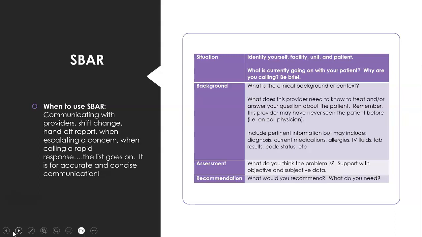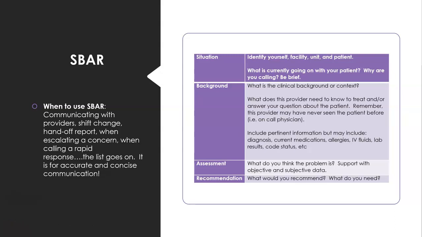Include pertinent information, which may include things like the current diagnosis, current medications, allergies, IV fluids, lab results, as well as code status. What do you think the problem is? And support it with any objective or subjective data.